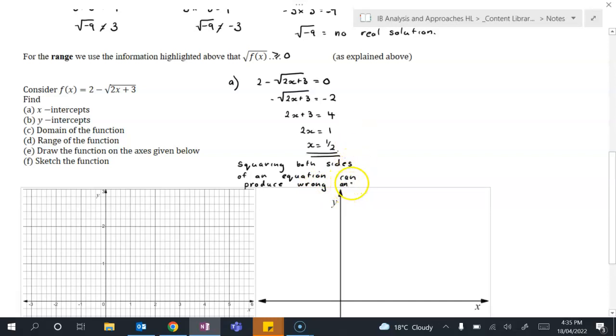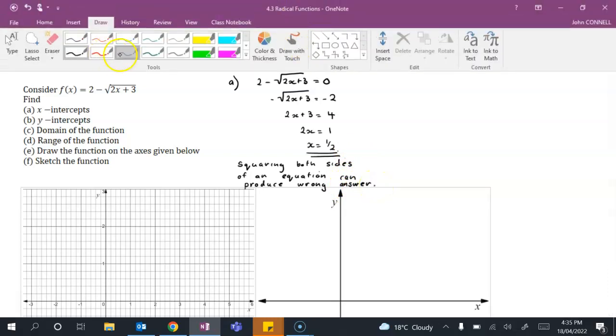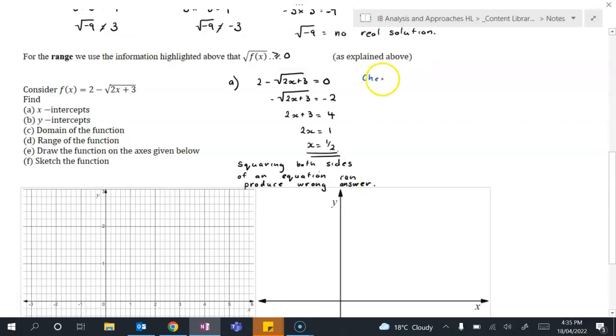Now I'm pretty sure in this case that we don't have a wrong answer in x equals a half, but I am just going to do a quick check. So my check is to say 2 take the square root of 2 times a half plus 3 is 2 take, now 2 times a half is 1, 1 plus 3 is 4, so that's 2 take 2 equals 0. Okay, alright.